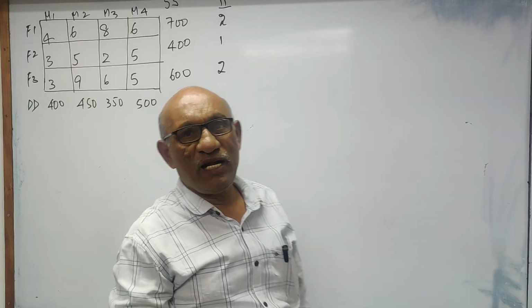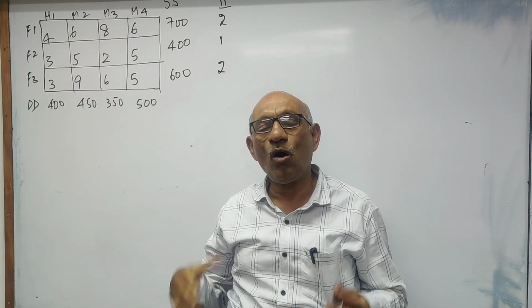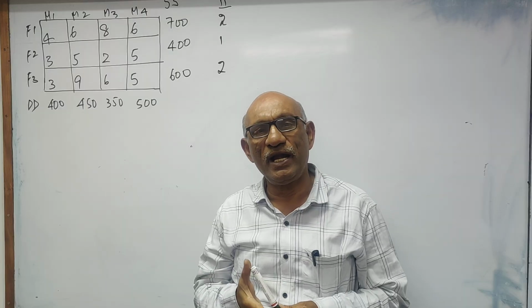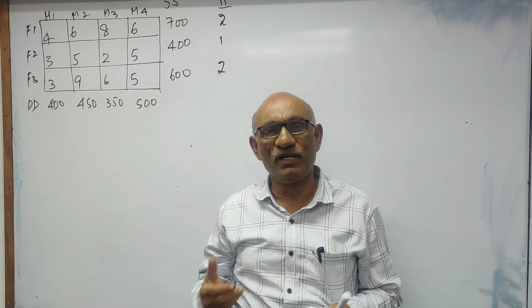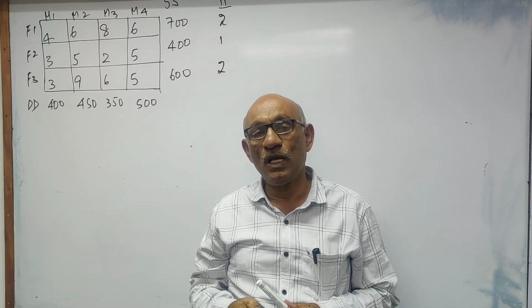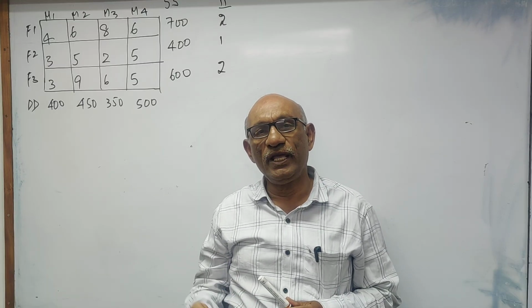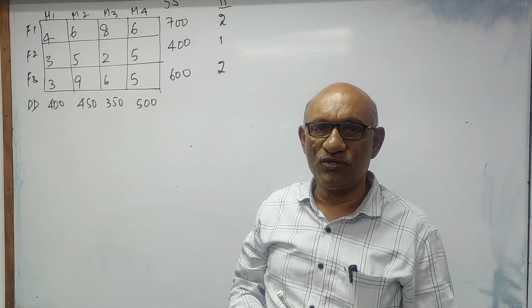Row wise penalties are calculated. What is a penalty? How to calculate this one? I explained in my previous videos. Those who are watching my videos first time, please go to the playlist and watch the video in which Vogel's method I used for calculation of initial solution.